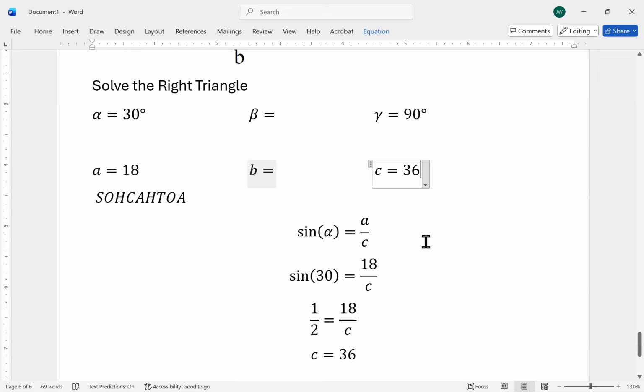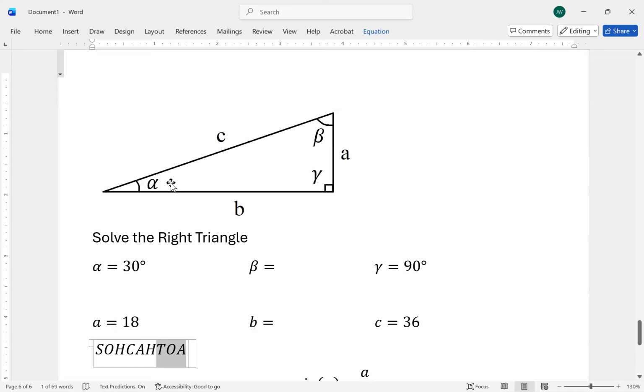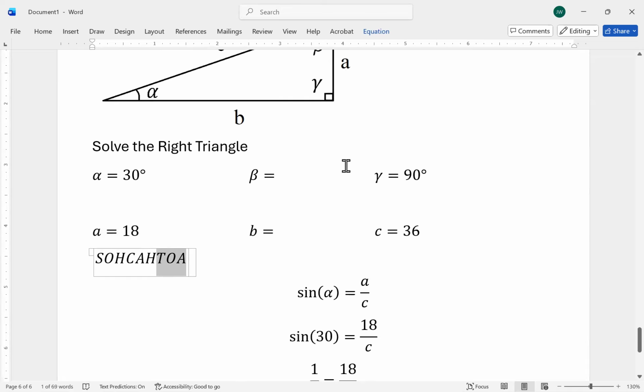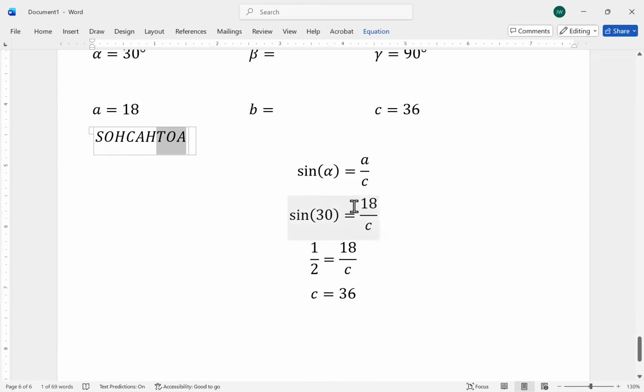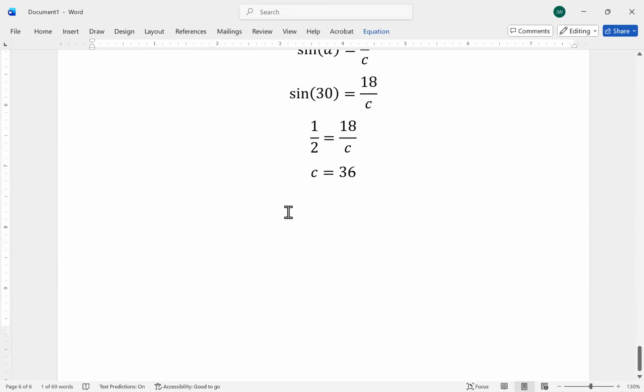If I wanted to, I can actually use the same thought process with tangent is opposite over adjacent. And for alpha, the adjacent side would be B, the opposite side would be A. So you could use the TOA part to find your B, just like I use the SOH part to find my C. But another way you could have done this is you could have found B using the Pythagorean theorem.